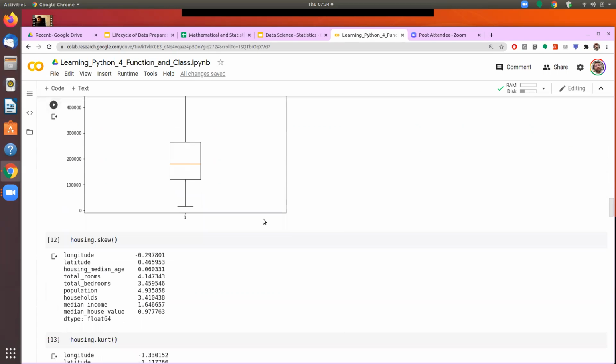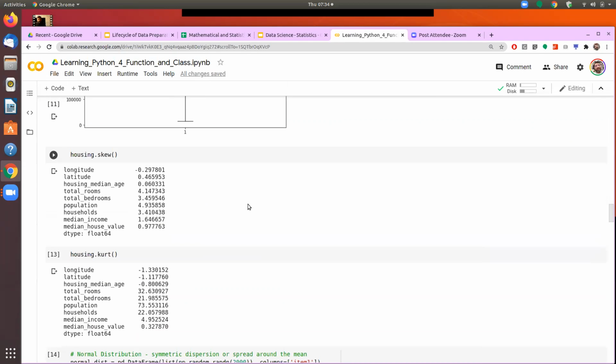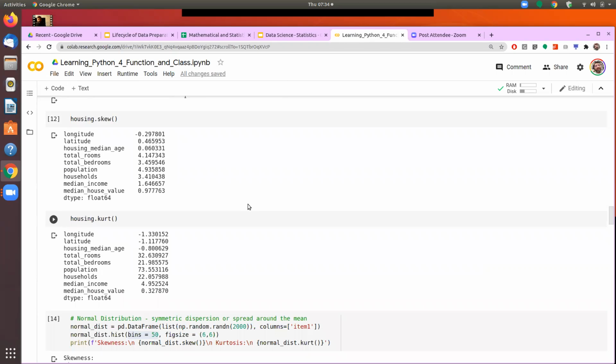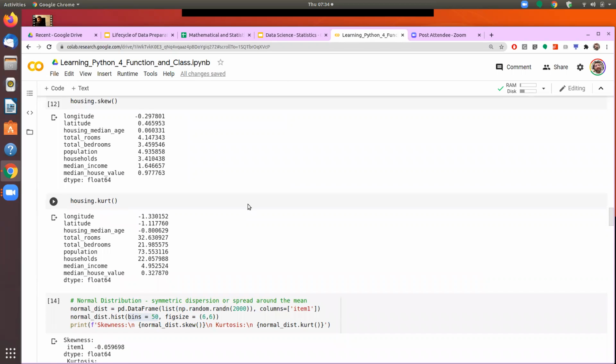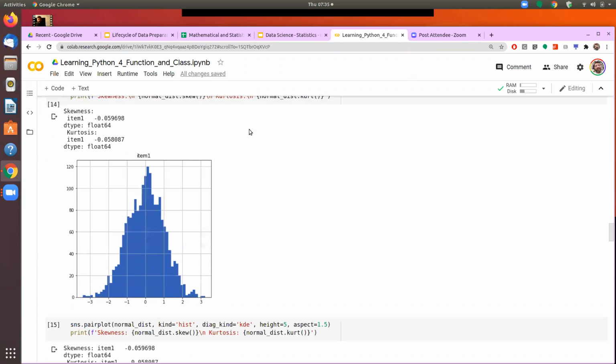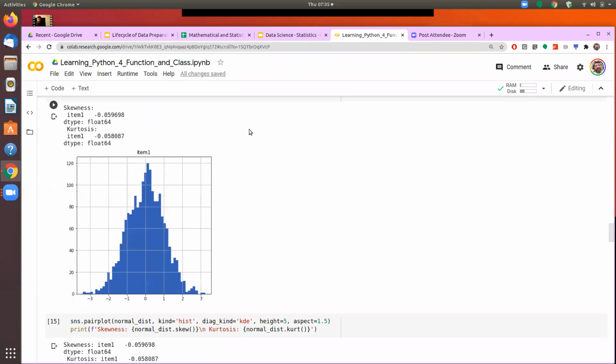Now, the other thing to understand is that we have this data set, but how symmetrical is it? So let's see the symmetry of data. First, let's see this data set.